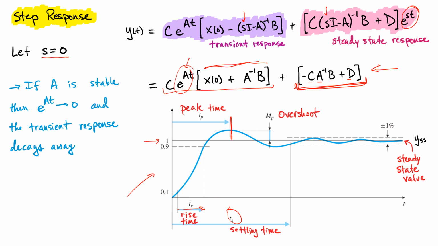And so if we think back to the second order case where we had solutions that looked like C1 plus C2 times e to the p1 t plus C3 times e to the p2 t, here we had our transient response, and here we had our steady state response. If these p1 and p2 are stable, these go away after some amount of time, and we're just left with this constant term. And so now we're seeing a very similar thing, in fact exactly the same thing, play out in the state space representation, just from a different perspective.